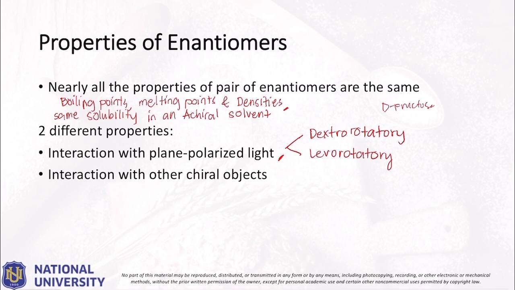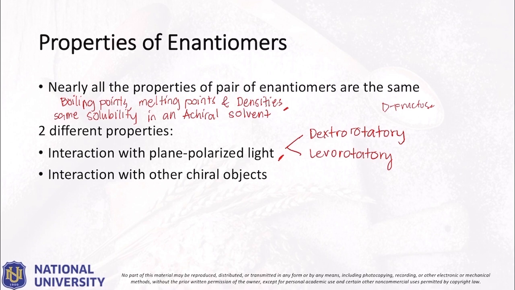Depende doon sa plane polarized light, doon sa rotation, kaya kailangan natin ng polarimeter to know if it is dextrorotatory or levorotatory. And a plus or minus sign inside parenthesis is used to denote the direction of rotation of plane polarized light by a chiral compound.